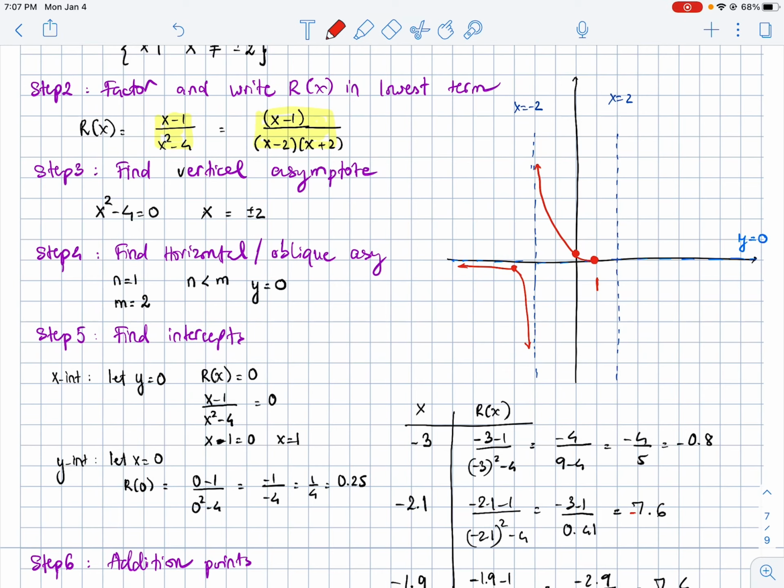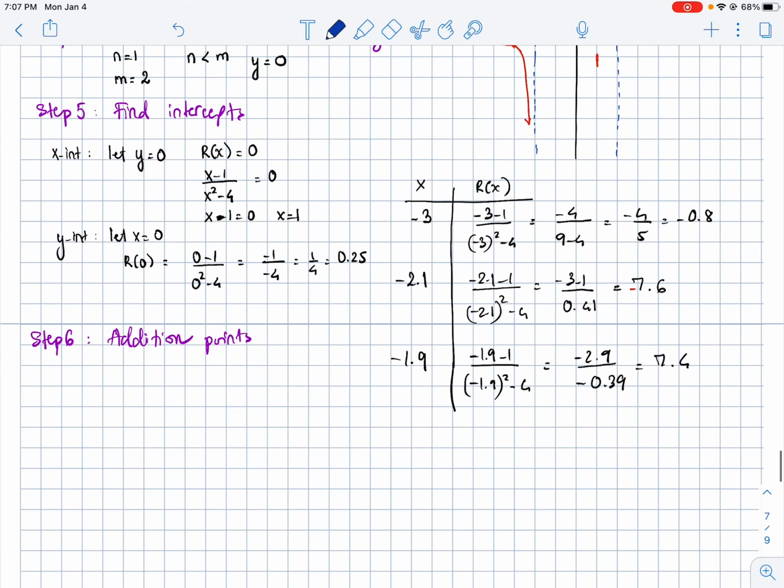And then now we work on x equal to 2. We need to make the points that are near 2. That means we will make 1.9 on the left and 2.1 on the right. Now we plug into the function. So 1.9 minus 1 over 1.9 squared minus 4.